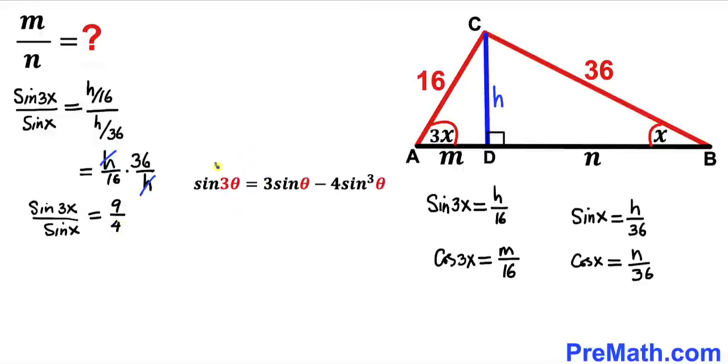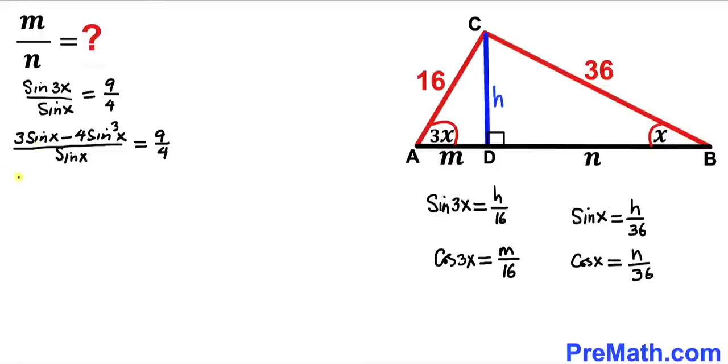Now let's recall this famous trigonometric identity: sine of 3 theta equals 3 times sine theta minus 4 times sine cubed theta. We are going to apply this identity on the numerator. So this becomes 3 sine of x minus 4 times sine cubed x, all over sine of x, equals 9 divided by 4.